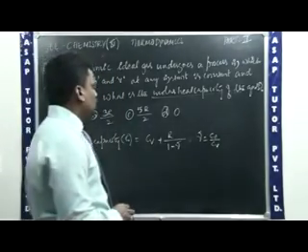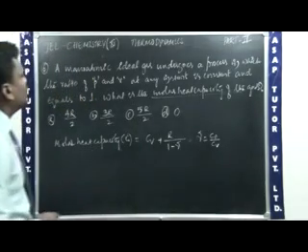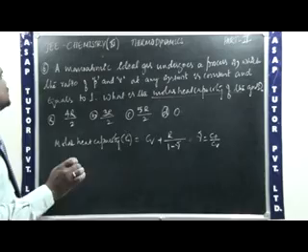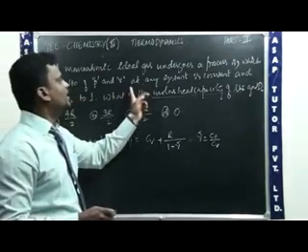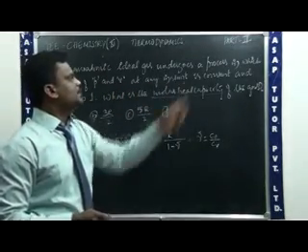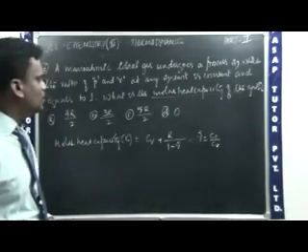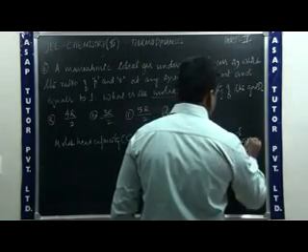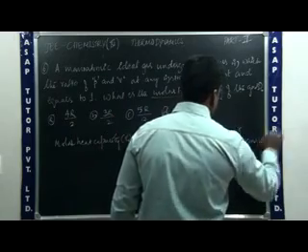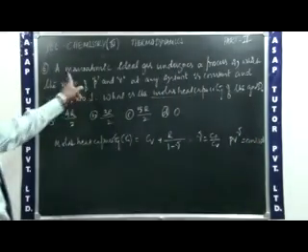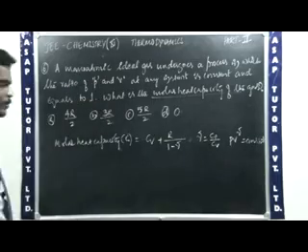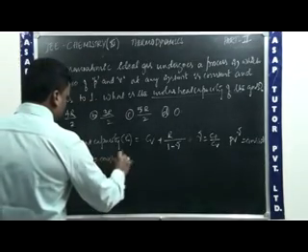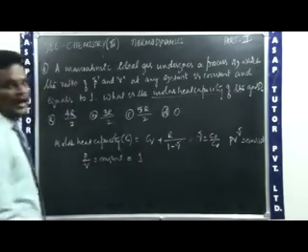Here they are saying that a monoatomic ideal gas undergoes a process in which the ratio of P and V at any instant is constant, and we also know one more condition, that PV to the power of gamma is equal to constant. But in the problem they are saying that the ratio of pressure and volume, that is P by V, is equal to constant, and also equal to 1.